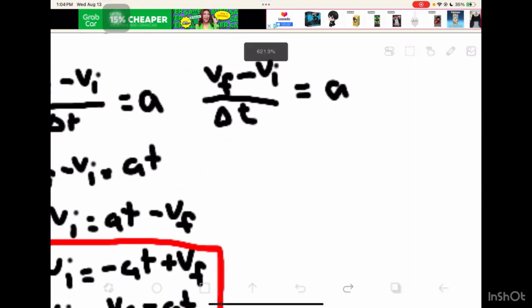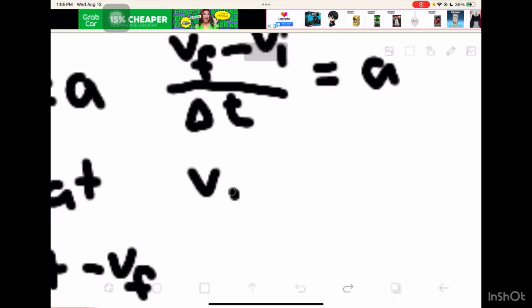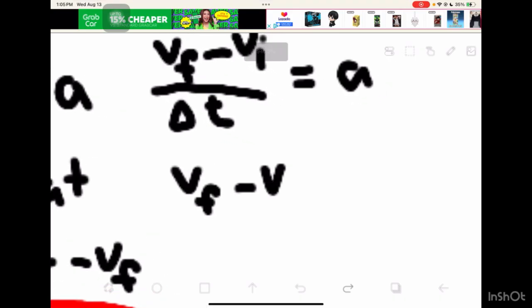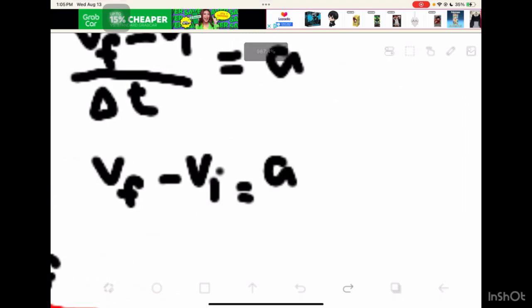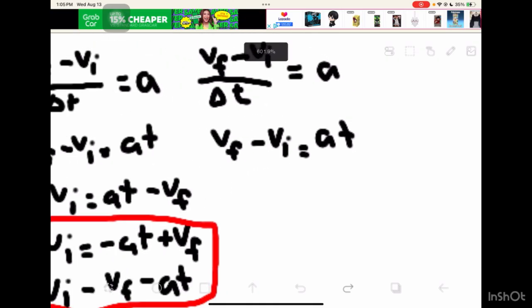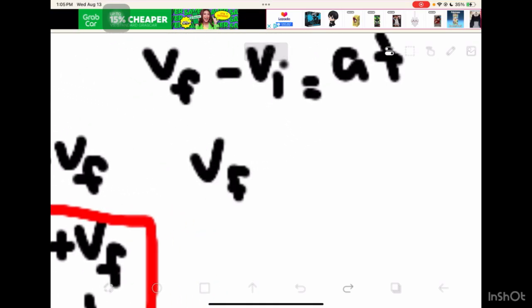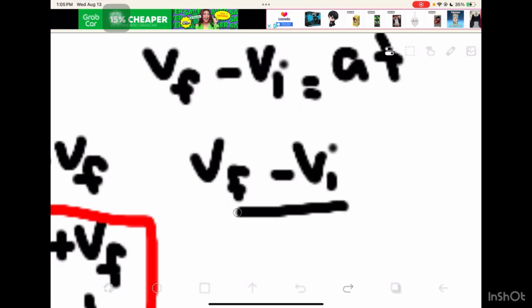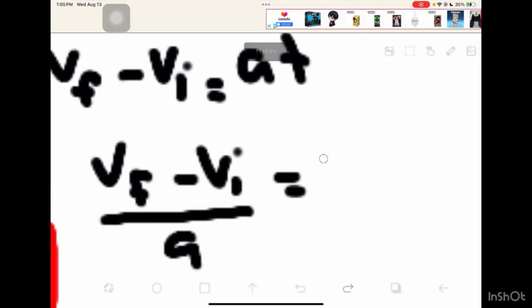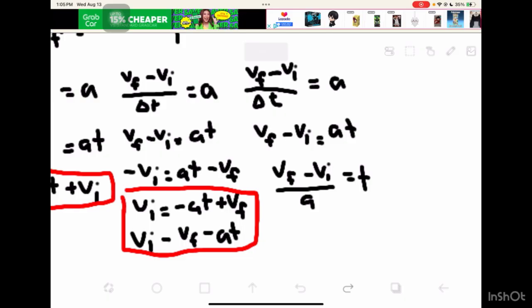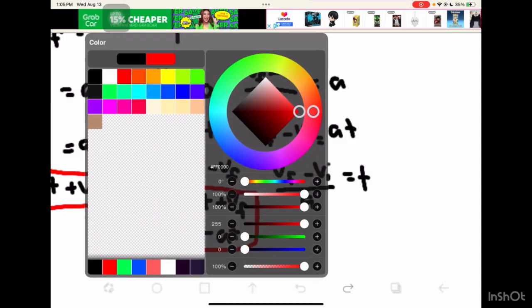Then we want to cancel t again. V sub f minus v sub I is equal to at. Then this time we cancel a. We want to divide by a. So v sub f minus v sub I all over a is equal to t. So we just kind of flip the position, but that's a step-by-step process.